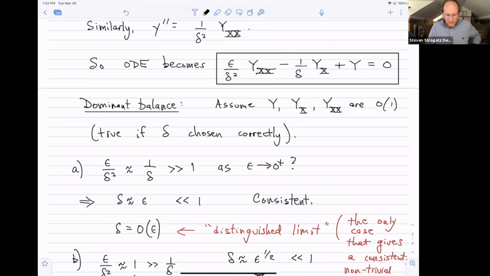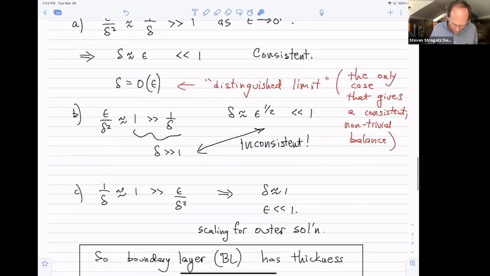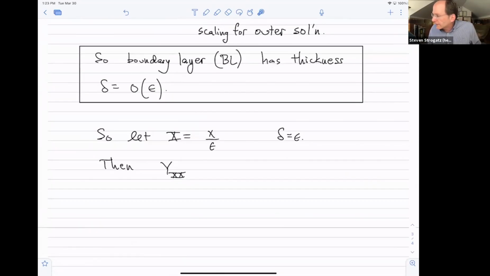Since I'm choosing delta equals epsilon, when you multiply everything through in the equation in the box, you'll end up getting Y_XX minus Y_X plus epsilon Y equals 0.